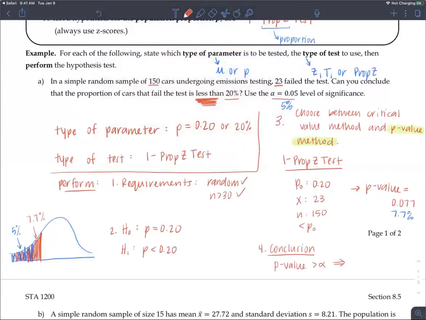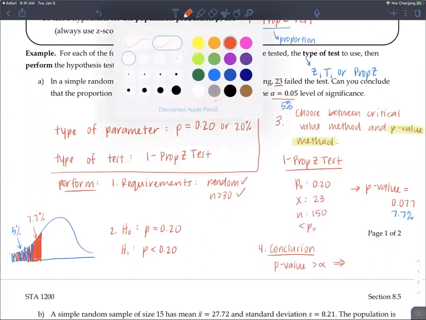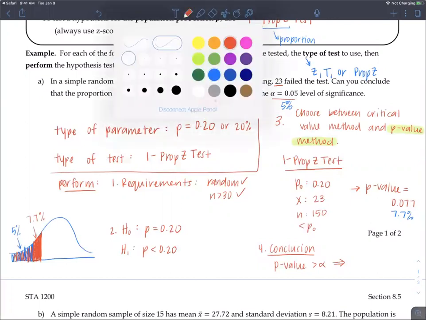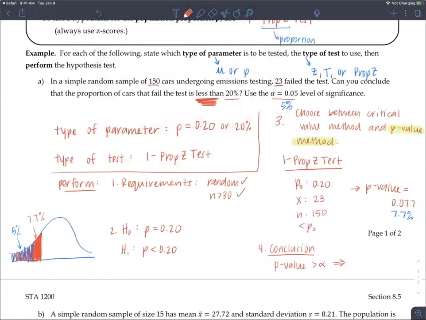So all of these values right here are perfectly acceptable values. They're not unusual, which means it wouldn't be so unreasonable to say that the proportion is actually 20% and not less than that. And so here, you're going to not reject. So do not reject H naught.